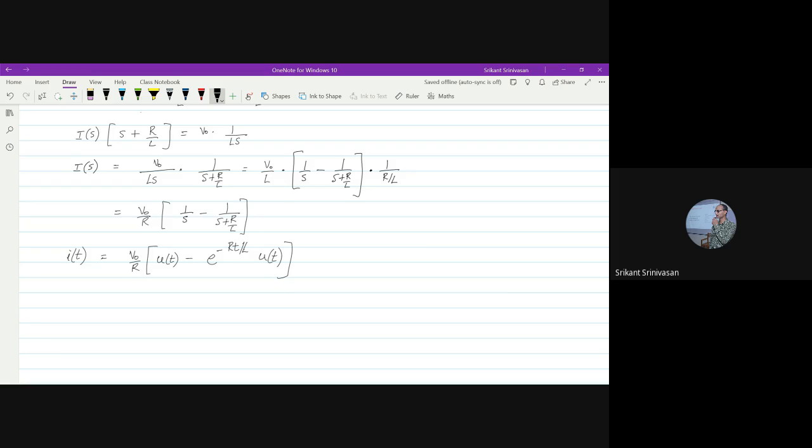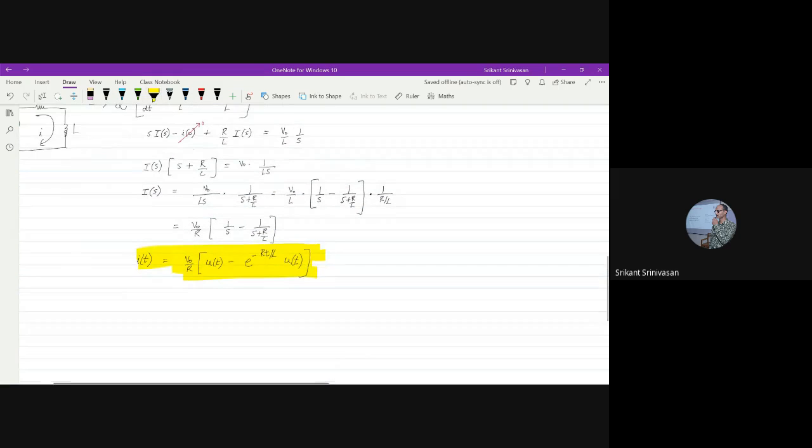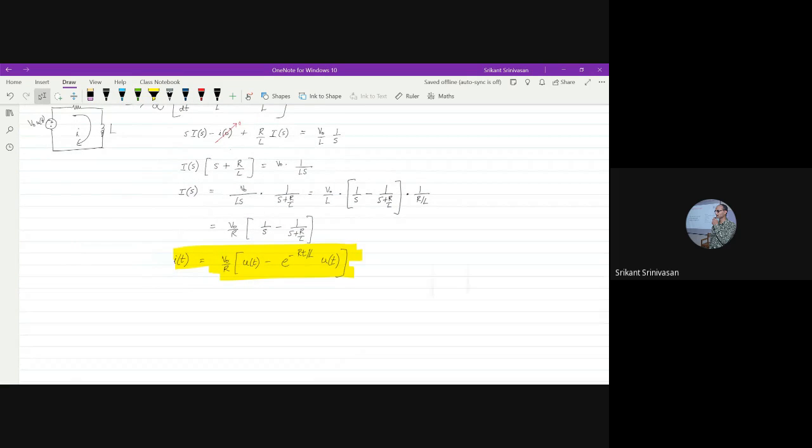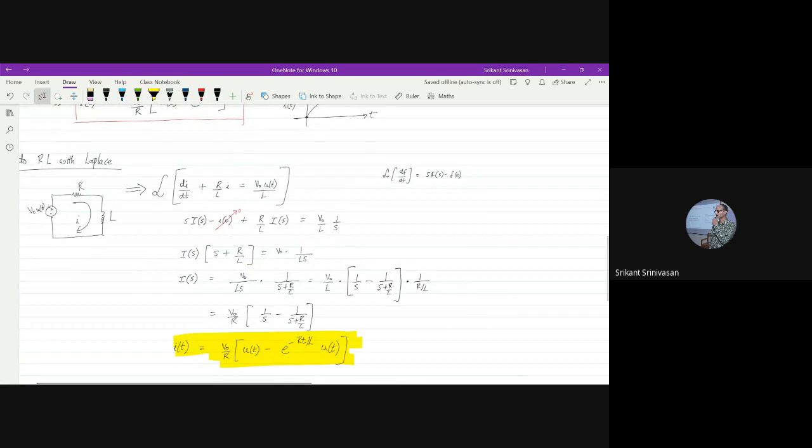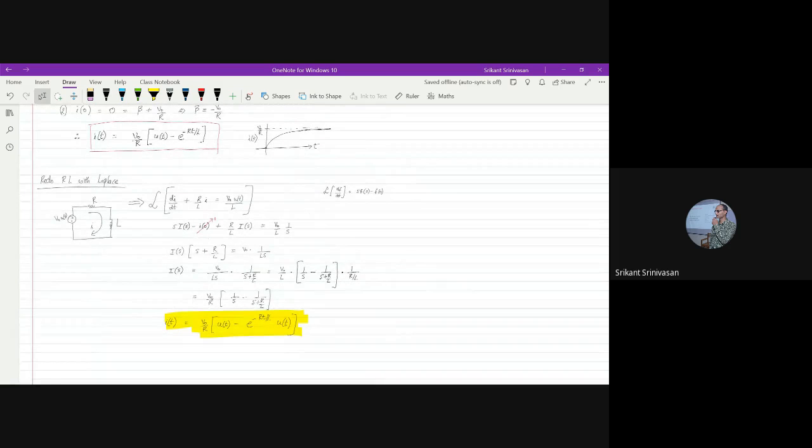So now I'm left with this function: I of t is equal to, this is the response of the circuit to a step function. We solved this using the Laplace transform. And how does that compare to our earlier solution? This one. So we got the same thing.